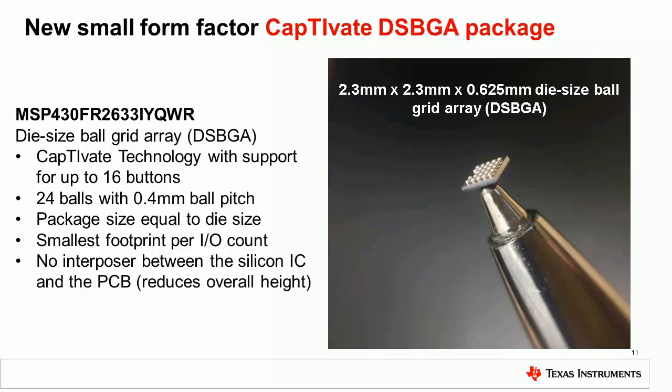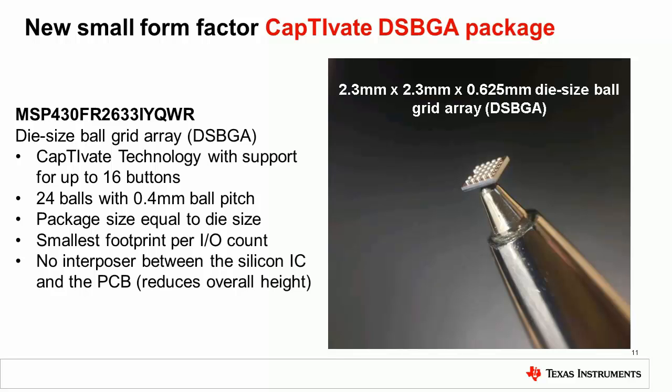What we just released is this capacitive touch technology that can support up to 16 buttons, and you can use various configurations of buttons, sliders, wheels, and proximity detection as well, as I mentioned before. This is in a 24-pin package with a 0.4 millimeter pitch.